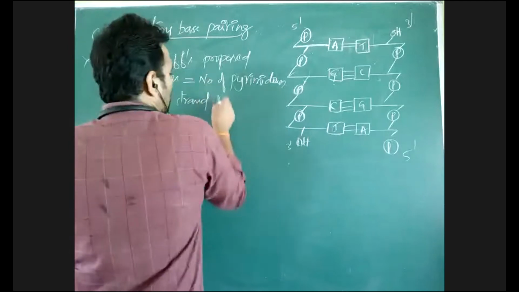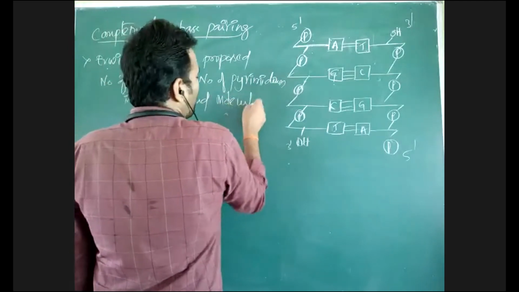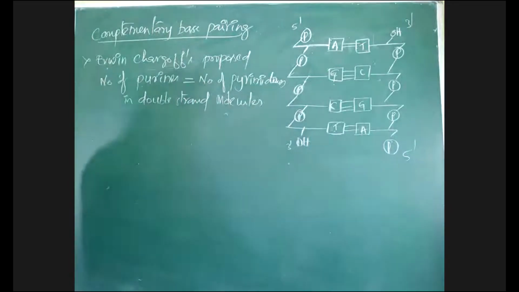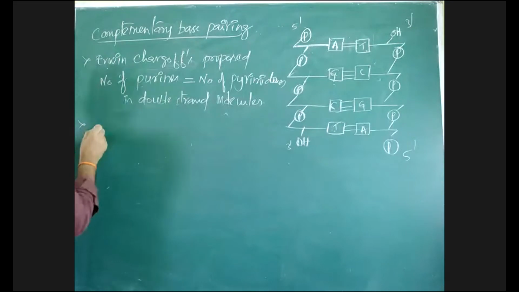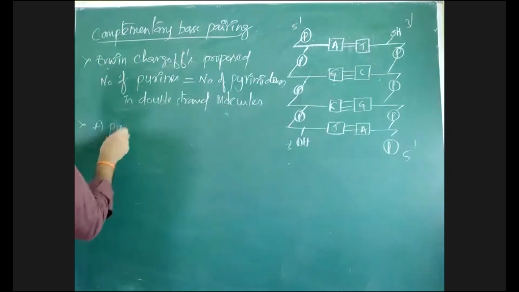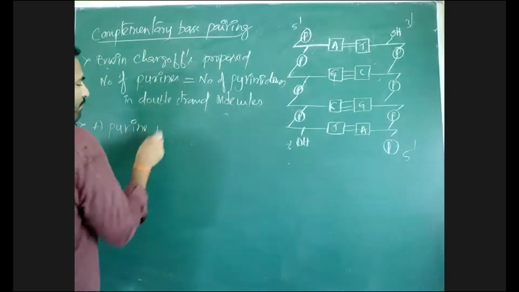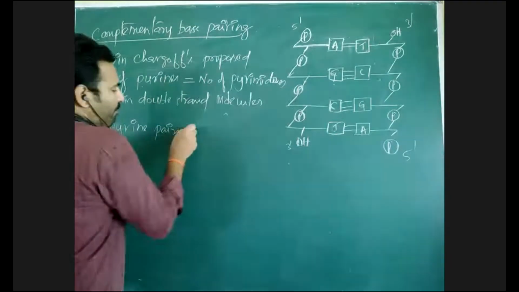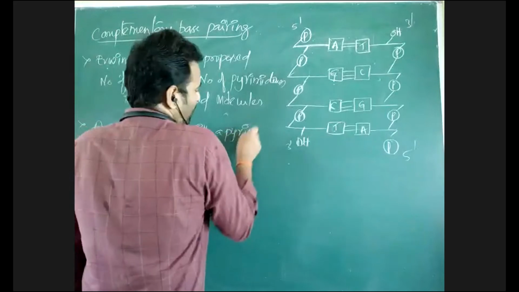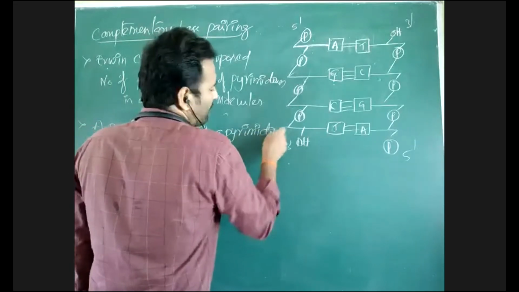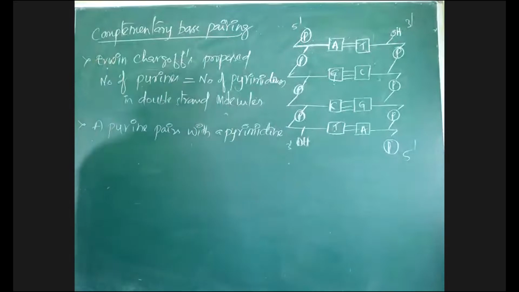In double-stranded molecules, double-stranded RNA or double-stranded DNA has always an equal number of purines and pyrimidines. See that complementary pairing, usually a purine pairs with a pyrimidine. A purine pairs with a pyrimidine. That purine will always bind with a pyrimidine in a double-stranded molecule.